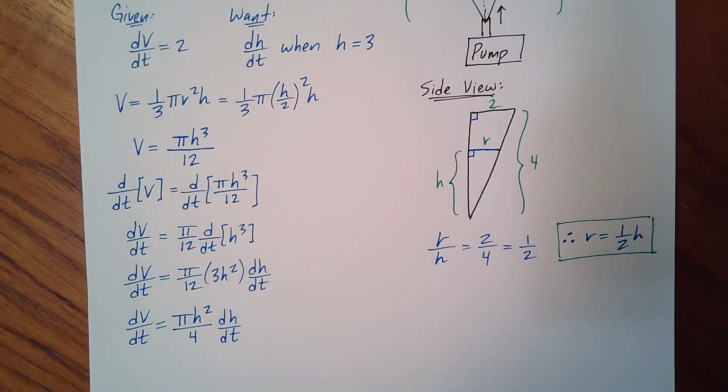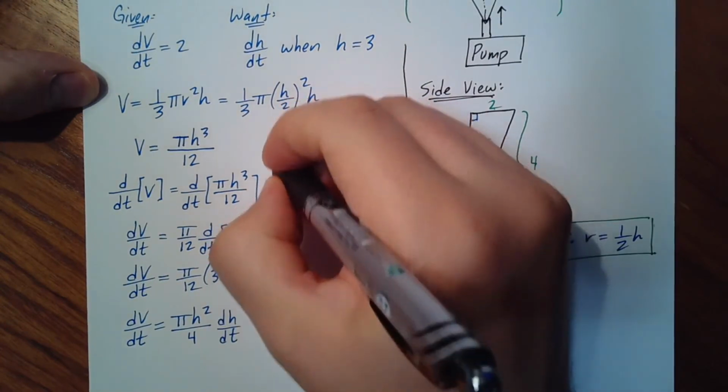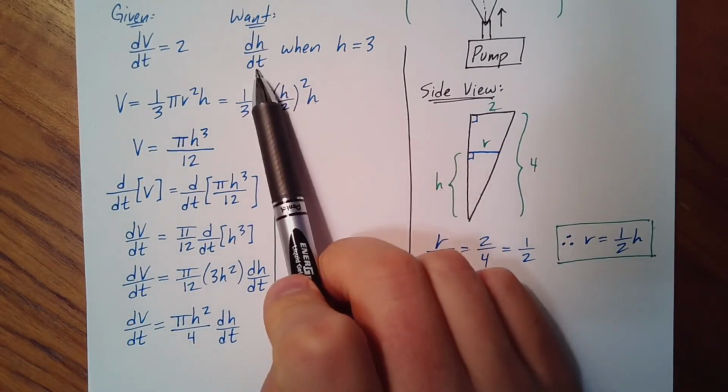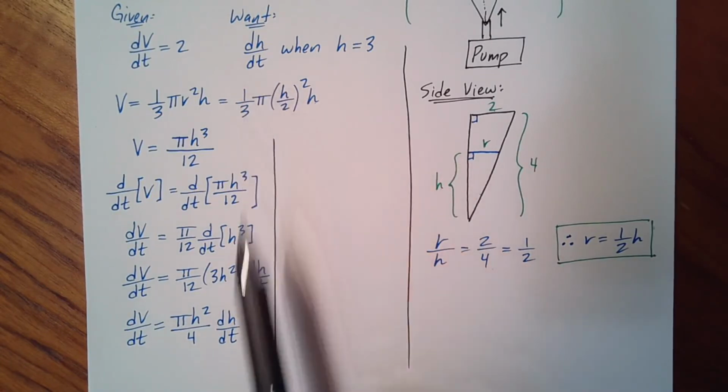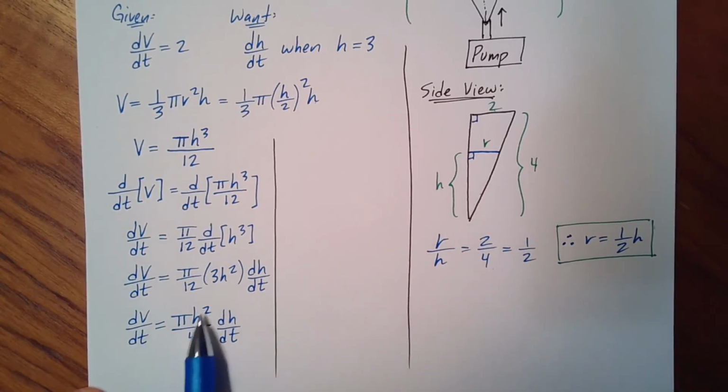So, what else do you do now at this stage? Well, we want to isolate for the quantity that we're looking for, which is dh/dt. We want to find the rate at which the height is changing. So we want to solve for dh/dt. So get everything else on the other side of the equation. So take the 4, multiply it up to the other side, and the pi h squared, just divide it over to the other side.